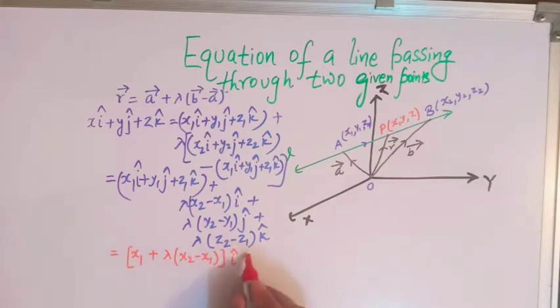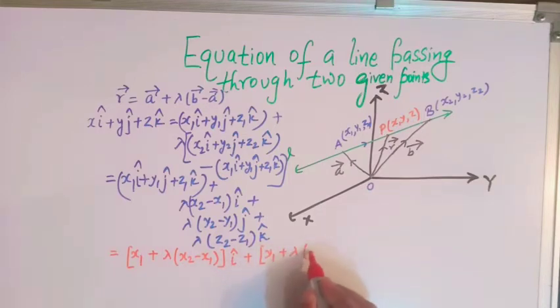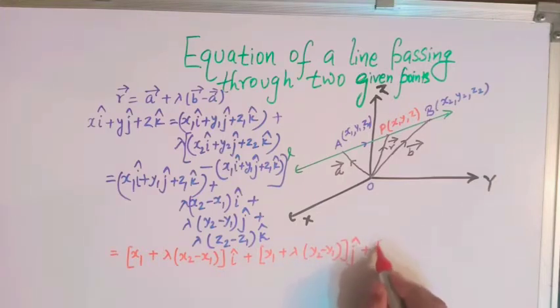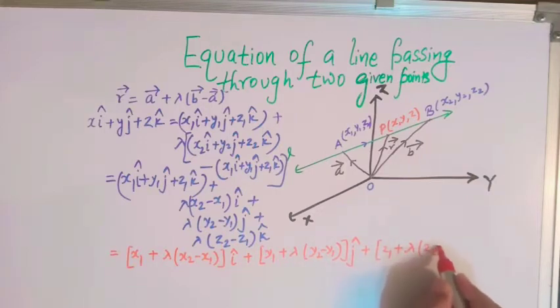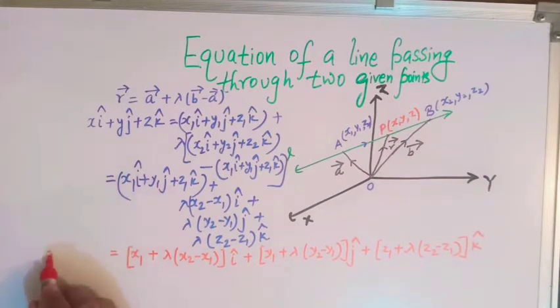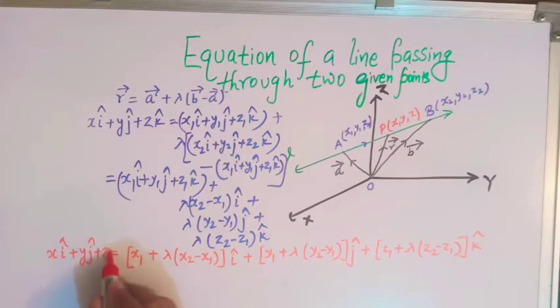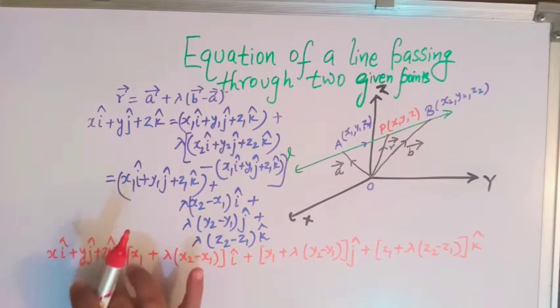Similarly we have y1 plus lambda times y2 minus y1 j cap, and then z1 plus lambda times z2 minus z1 k cap, right? And on the other side we have x i cap plus y j cap plus z k cap.